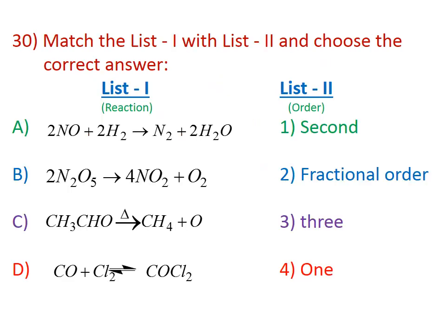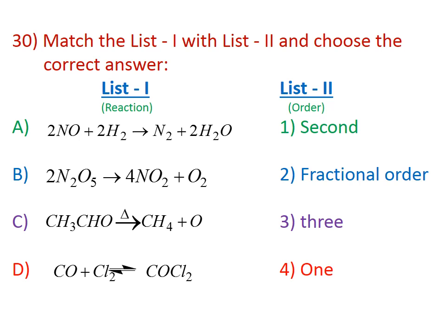30. Match the list 1 with the list 2 and choose the correct answer. In the first case, 2NO plus 2H2 gives N2 plus 2H2O, it is third order, and N2O5 gives 4NO2 plus O2, you know well, it is a first order.